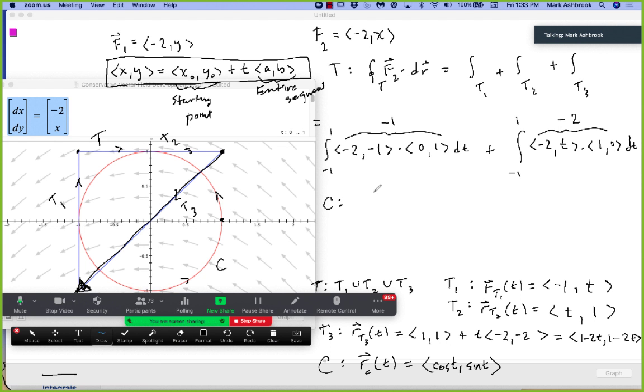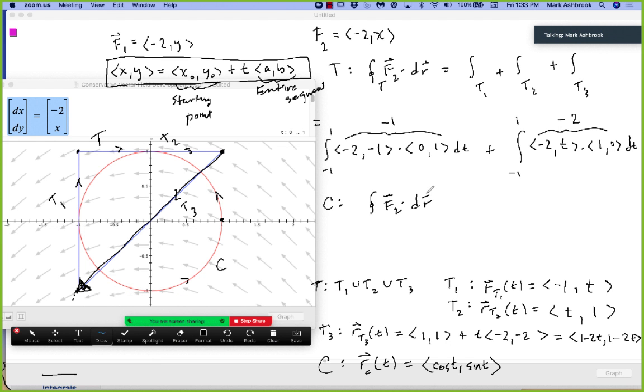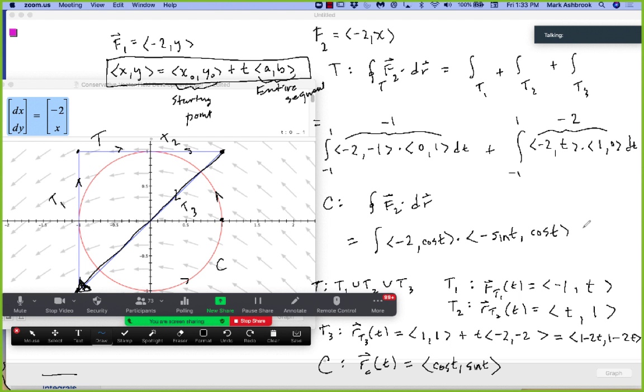Okay, last one. That's the circular path through F2. So C, that's going to be our circulation of F2 dr, and that's going to be equal to the integral of negative 2x for path C, negative 2 cosine t, dr is negative sine t, cosine t. I didn't leave myself enough room here.